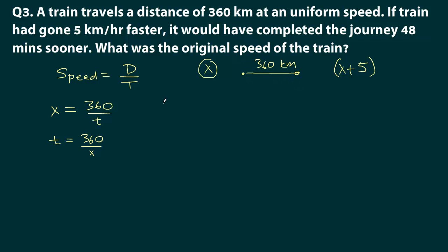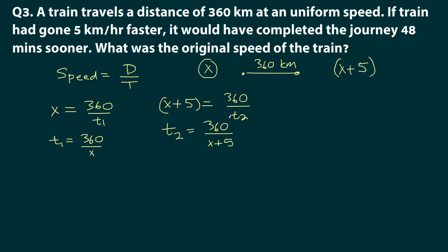So in the second scenario, our speed is x plus 5 and we are covering the same distance, 360. This time, let's say our time is t2, because these two are not the same. I should have written t1 earlier. So the time taken is t2, which is 360 divided by x plus 5.